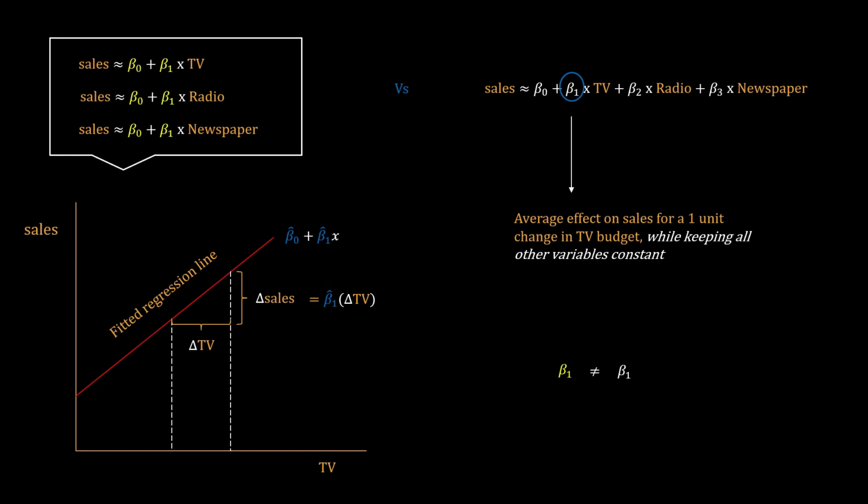Why is that? The reason is because in simple linear regression, when we change TV, we are not holding other variables constant. And it might so happen that in the data, the TV budget is correlated with, let's say, the radio budget. That means when we change the TV budget, it will trigger a change in the radio budget, which also influences sales.